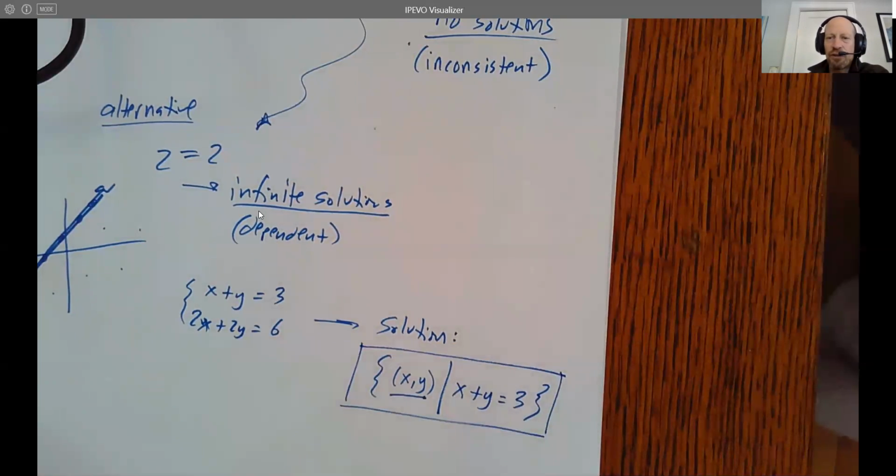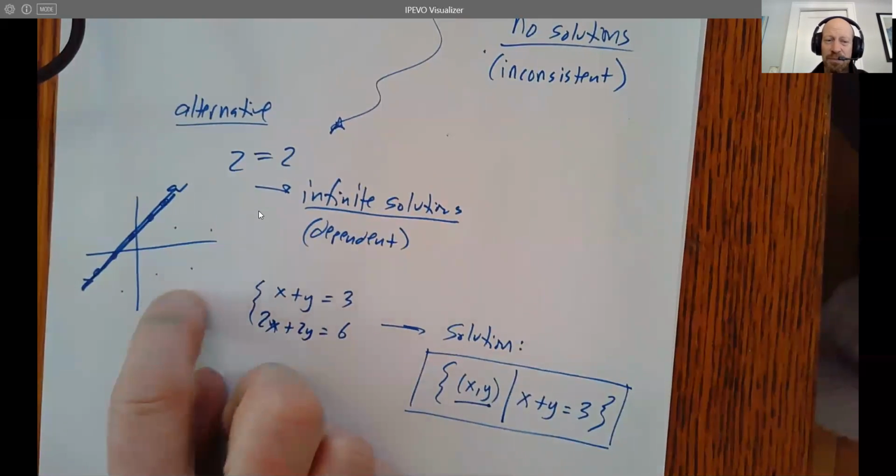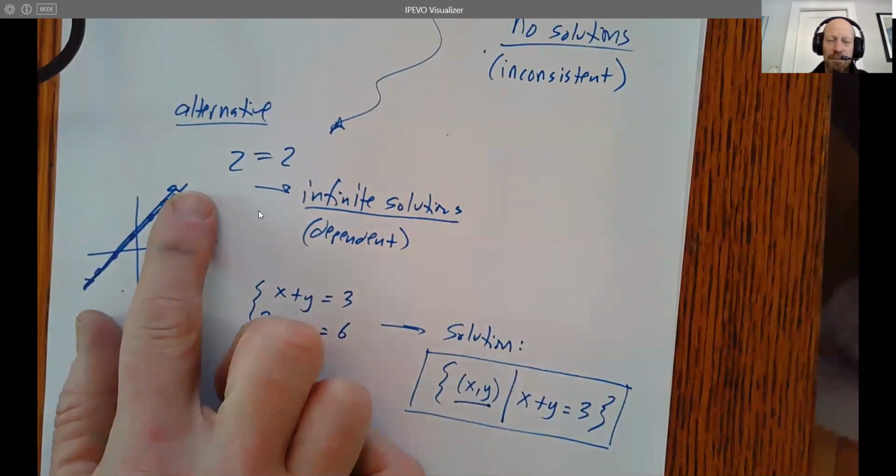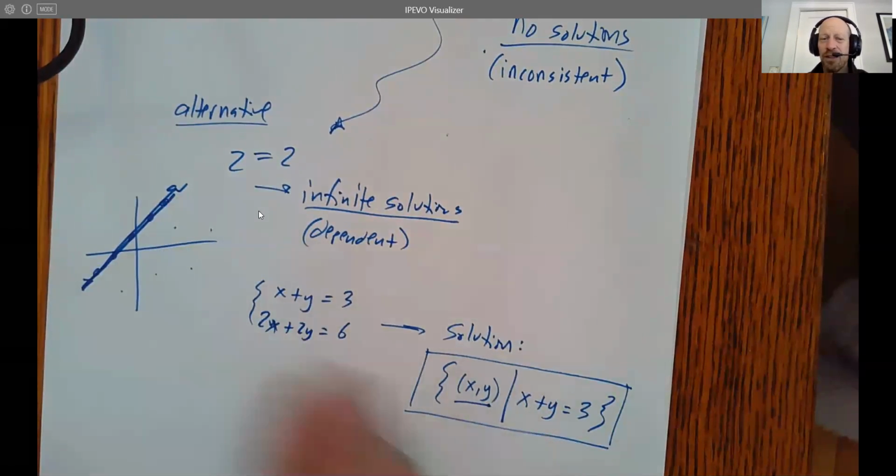So this might feel a little funny or unusual to you, but it is the way we need to write it, because we can't just say anything works, because that's not true. There's lots of points that don't work, but we can't just give you a single value either, because there's lots of points that work.